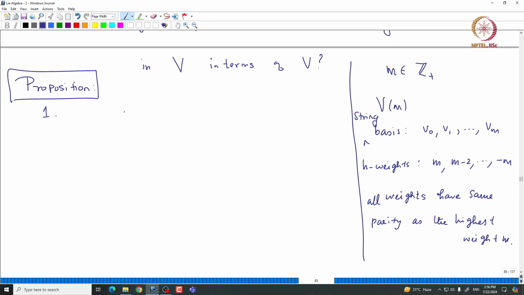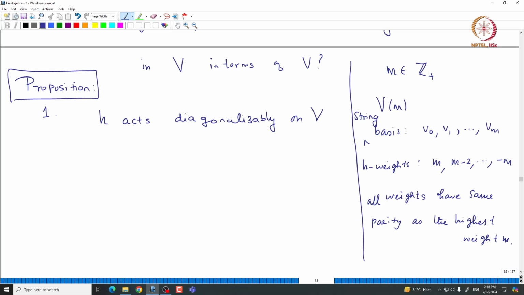You have the action of h. So, h acts diagonalizably on capital V, because V can be written as a direct sum of irreducible representations, and on an irreducible representation, h acts diagonalizably. One can immediately conclude this from Weyl's theorem, but anyway, we proved this in some different ways. This is the first important observation.